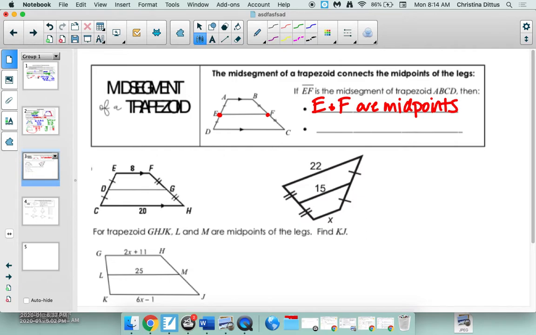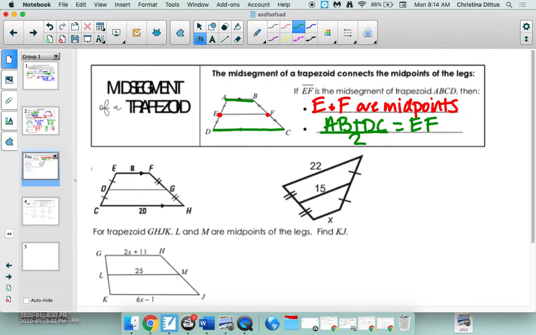Okay. The other thing, the math thing that we're going to use is that if you take AB plus DC and divide it by 2, so find the average of those two, that's going to equal that middle line, EF.